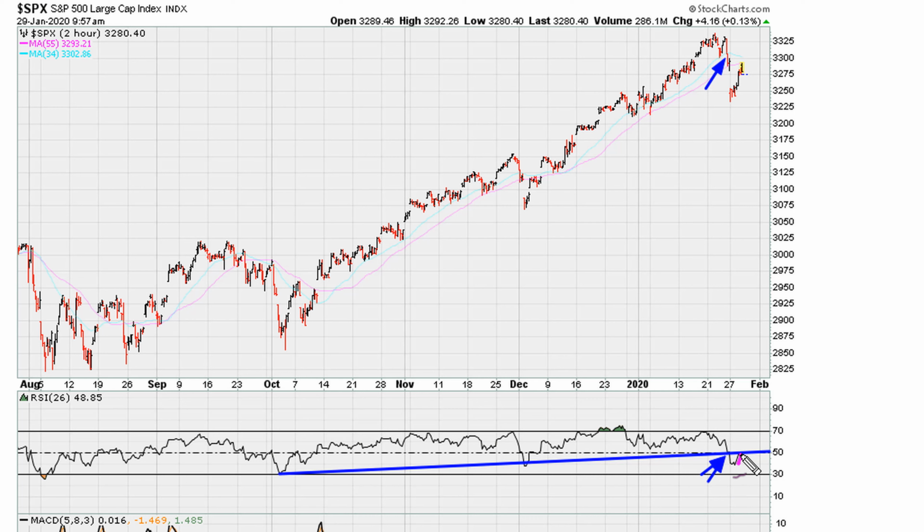We've bounced on it once, failed, and now it looks like if it turns into resistance and starts pointing down, then from a swing trade perspective, you'd want to take a short position lasting a couple of hours, maybe a day or two, based on the fact that as long as the RSI is being rejected right here on the back test of that blue line, this market looks like it might want to pull back. Again, this is just a study of how you can use the RSI to trade the small time frame.